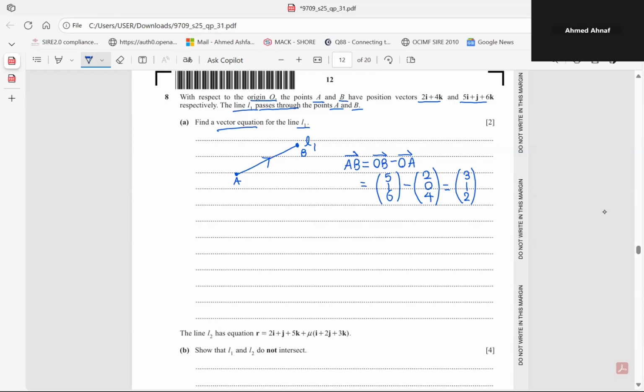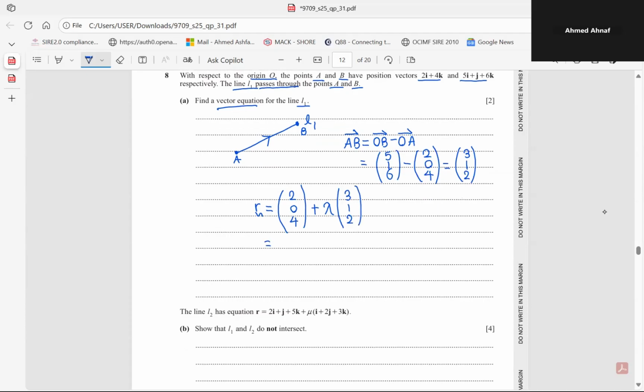Now we can write down the vector equation, which is r equals the position vector. In this case, I'm going to choose point A. You can also choose point B. So that is (2, 0, 4) plus lambda times (3, 1, 2).